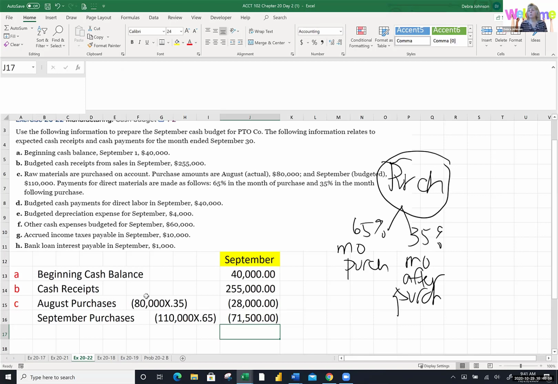I got 71,500. So I split that out. I don't know if Connect does it all in one lump sum or how they do it. I'm splitting it out for your notes to make sense. Connect may combine those two, in which case you'd put whatever that sum is.